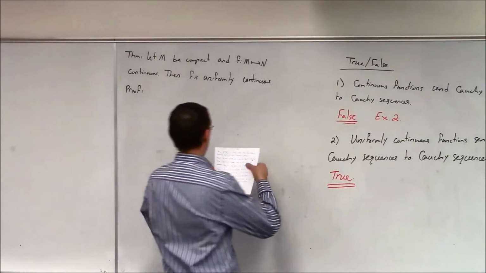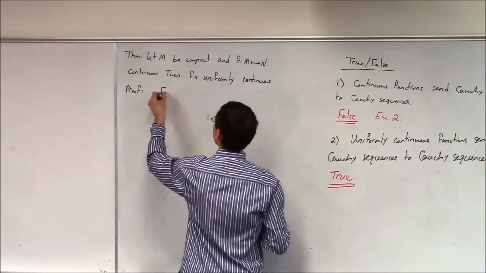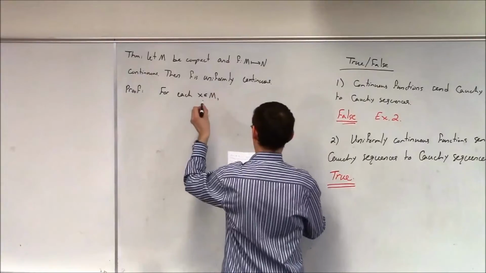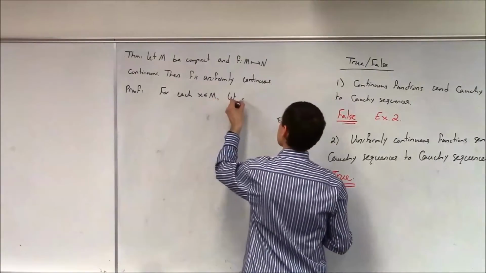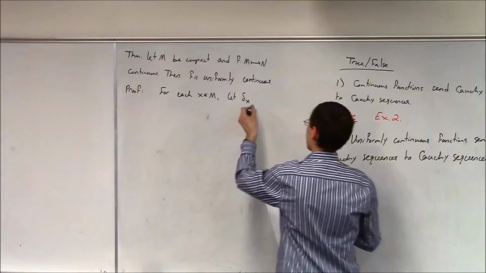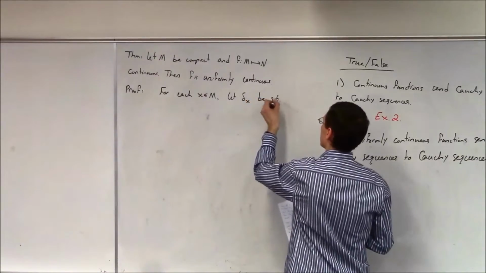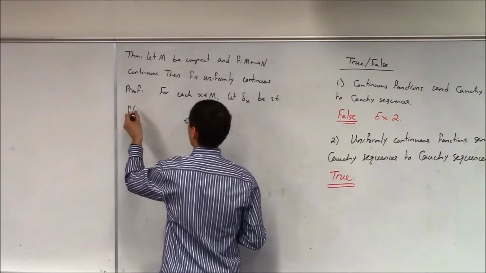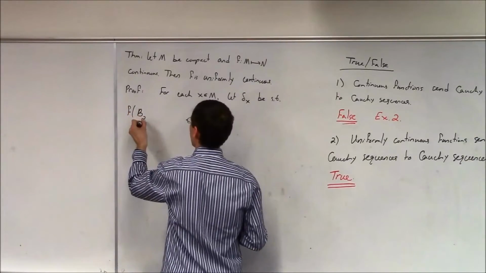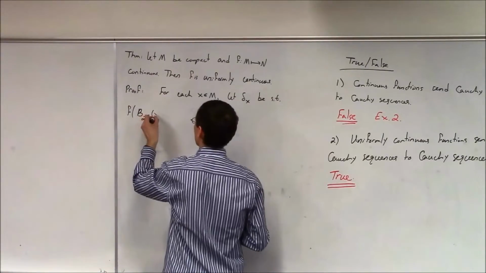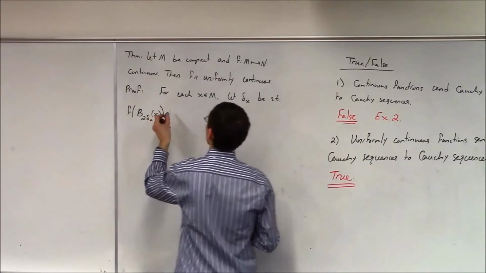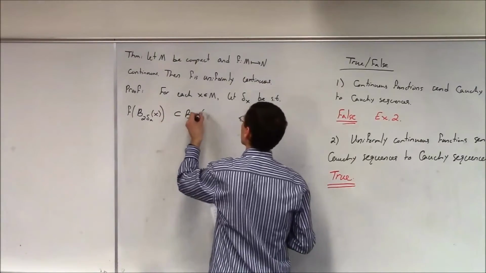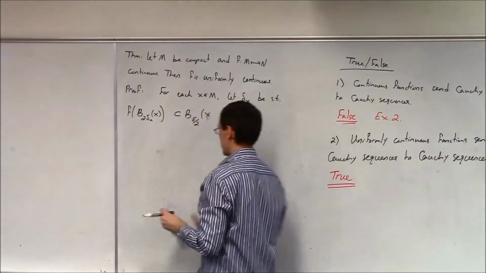So for each x belonging to M, let delta sub x be such that the image under f of the ball of radius twice delta x centered at x is going to be contained in a ball of epsilon over 2 centered at f of x.